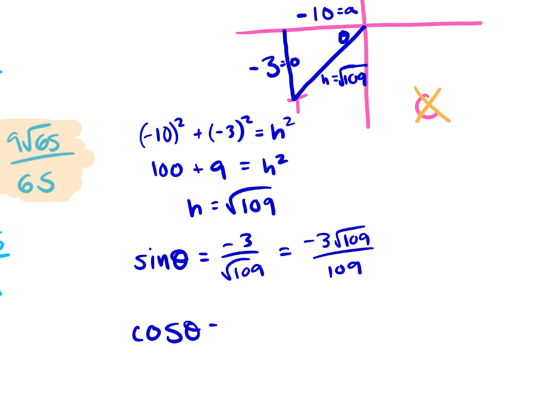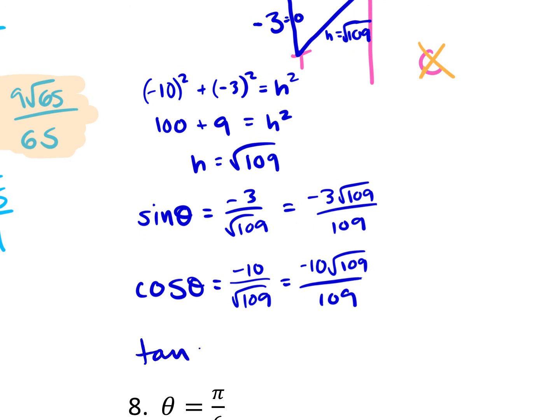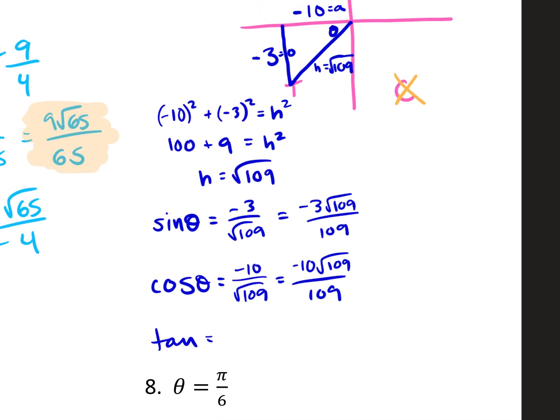Cosine is adjacent over hypotenuse, so negative 10 over square root 109. So negative 10 square root 109 over 109. Tangent would be opposite over adjacent. So negative 3 over negative 10, which would just be 3 over 10.